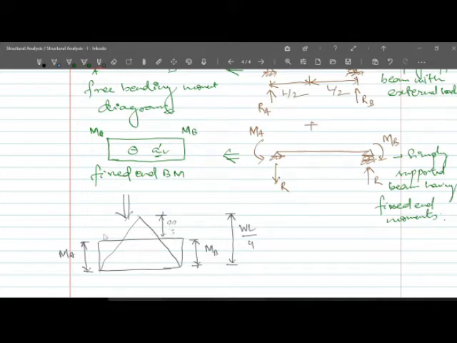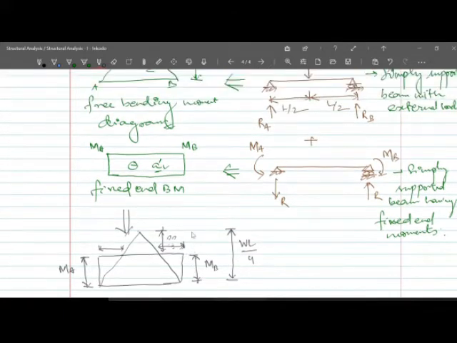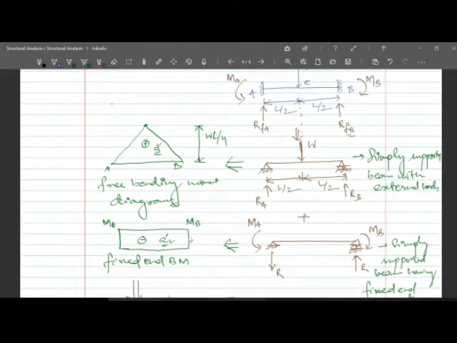And what is this length? Here it is cut. We don't know this length also, right? So these values we don't know.